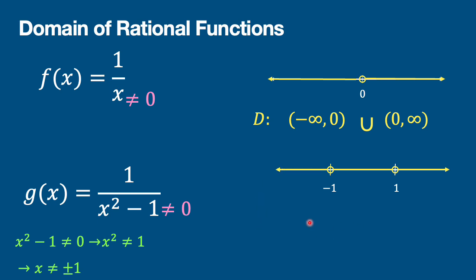So the interval notation for the domain is negative infinity to negative 1, negative 1 to 1, 1 to infinity. You put the union right there. Make sure, guys, when you see a rational function, you have to find the domain. The denominator cannot be 0. If an x value makes the denominator 0, you exclude it from the domain.